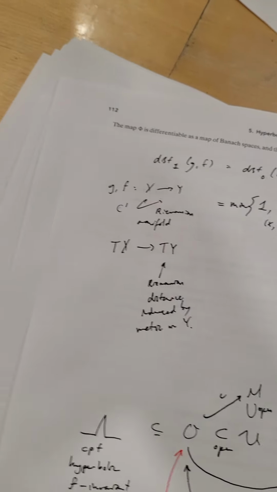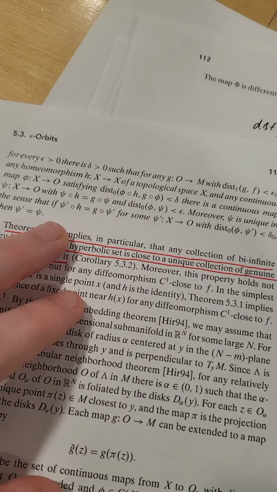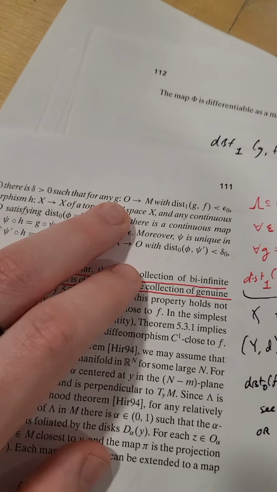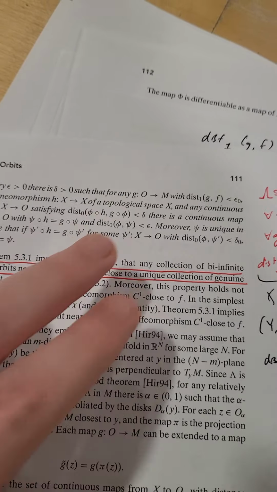Okay, so that's this one distance, and intuitively speaking, it's kind of measuring this distance between the differentials, right? So we're perturbing f in such a way that the differential mappings df and dg are similar.